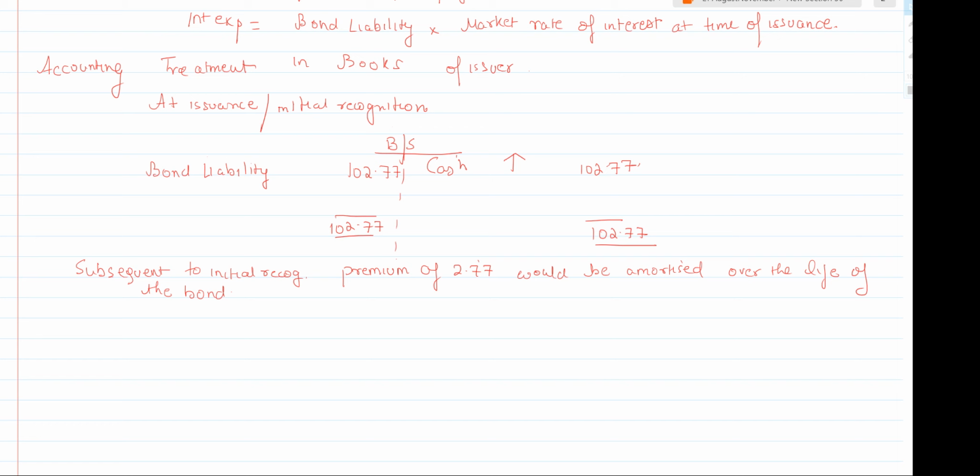Basically, what would happen is that bond liability would reduce every year by the amortization of premium, and it would reduce in such a way that at maturity, the bond liability would equal the face value of the bond.